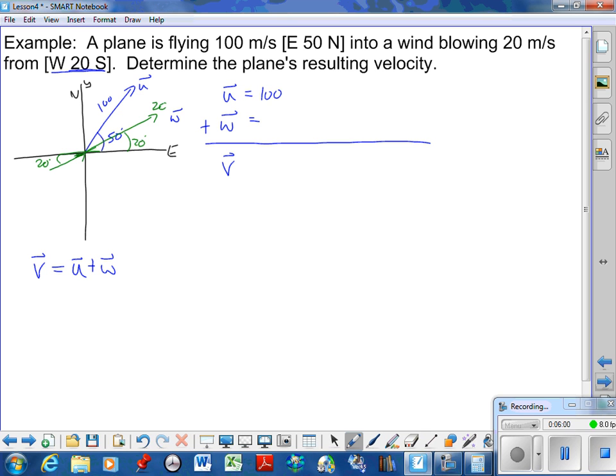So 100 cos 50 i plus, because both are in the top right quadrant, 100 sin 50 j. The other one's going to be 20 cos 20 i plus 20 sin 20 j. Then we'll calculate our x and y components.